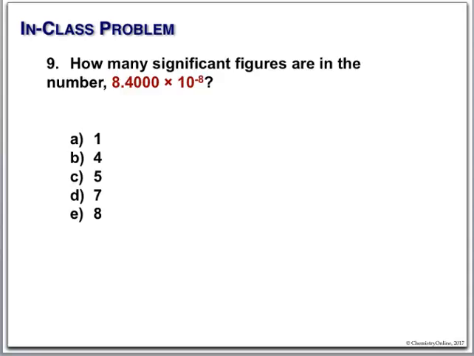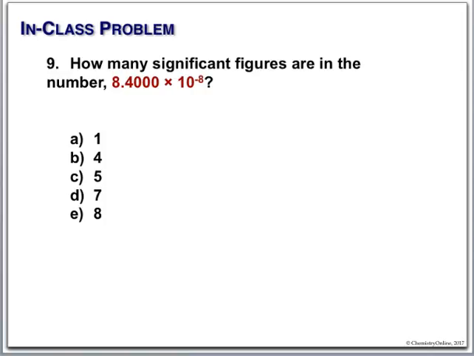Here we have a number in scientific notation. Now remember, scientific notation is kind of neat in terms of significant figures, because the rule is that all of the significant figures are in the coefficient. All of them.